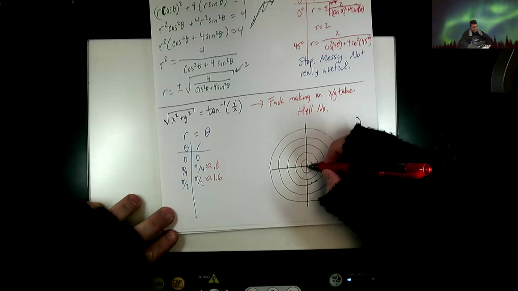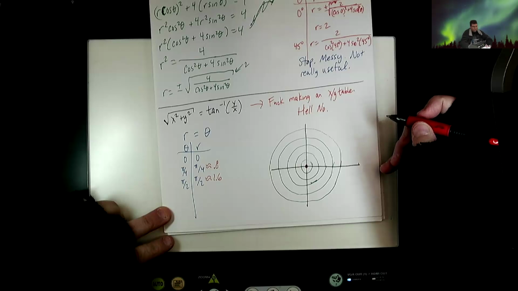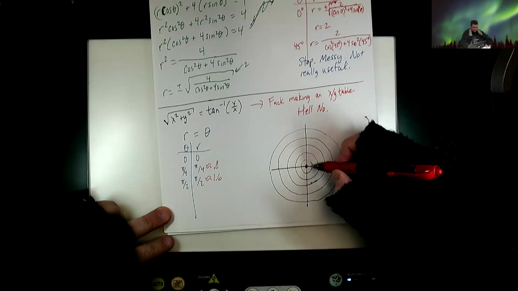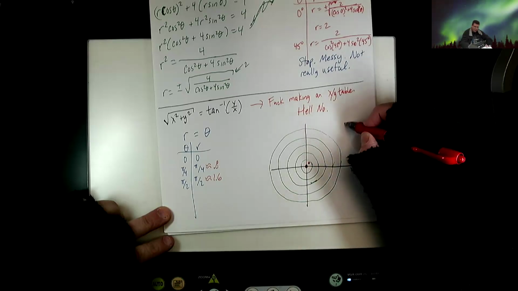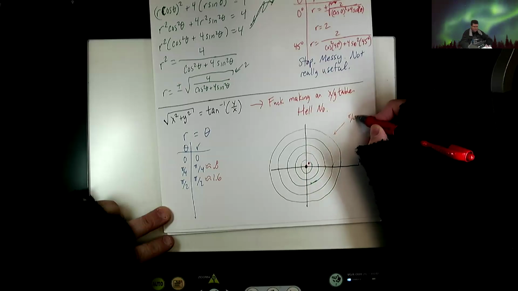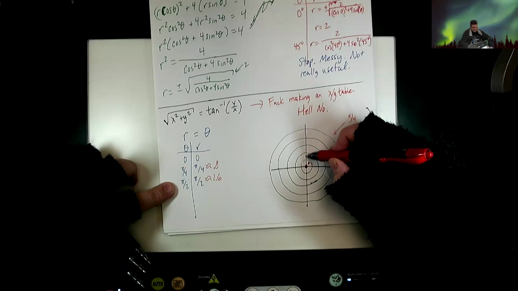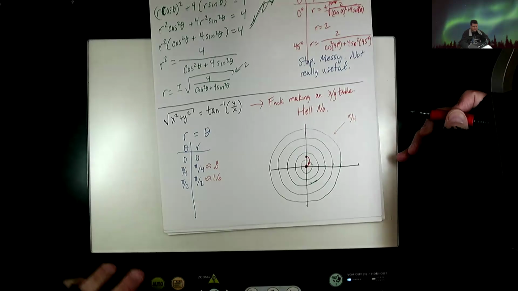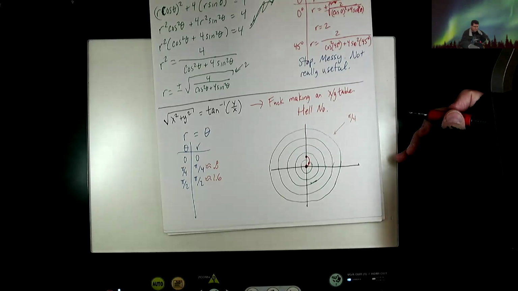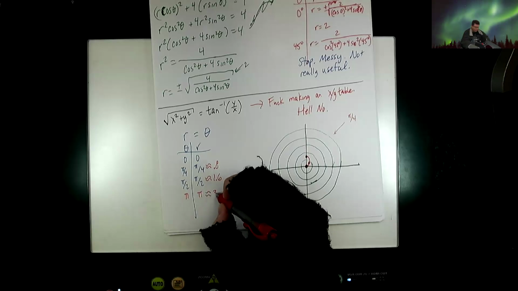So going 0 degrees and out radius 0 gets me the origin. But if I go pi over 4 and out 0.8, I'm right here. That's along the pi over 4 line. Pi over 2, I go out 1.6, up here. Pi would get me to 3.14.